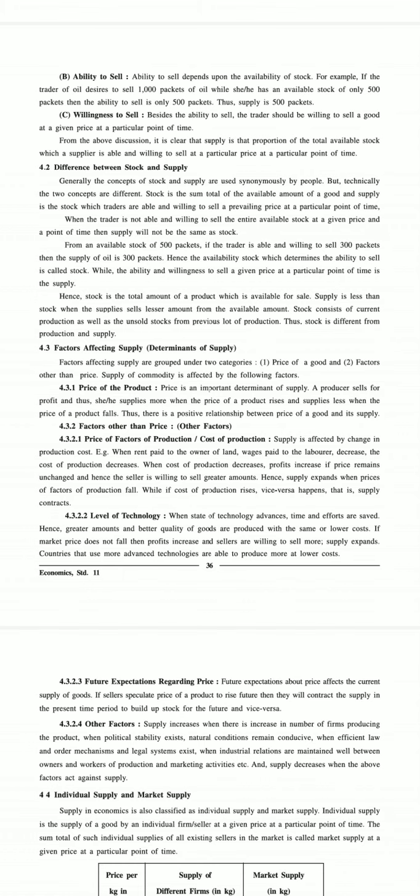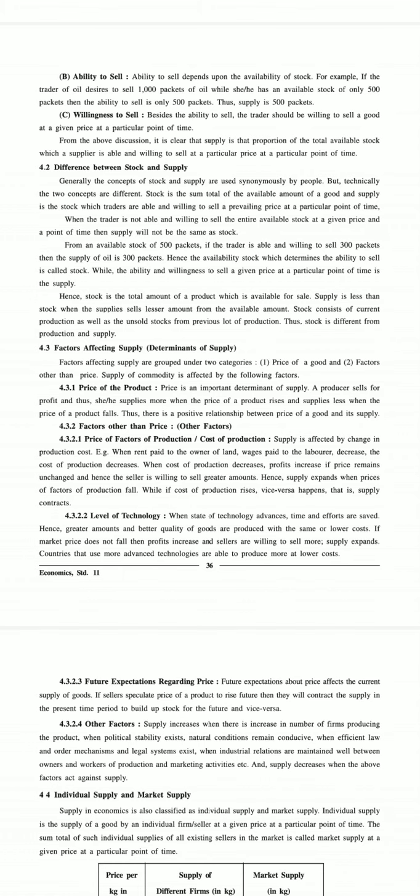Another way of saying it, the closing stock for the previous month becomes the opening stock plus the units that are produced in this month. So this is how stock will include current production and unsold stocks from the previous lot of production also.